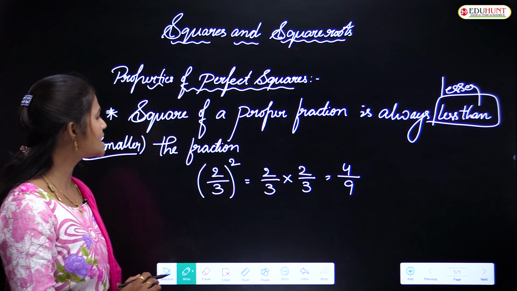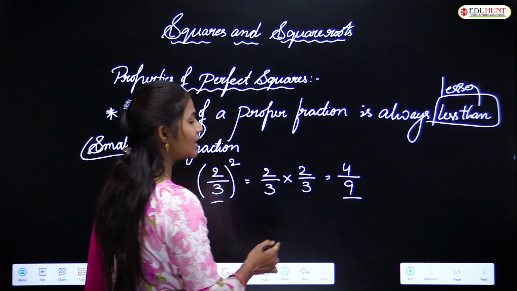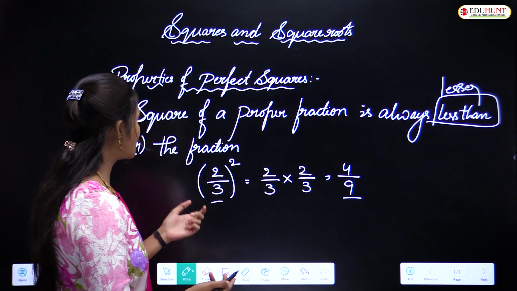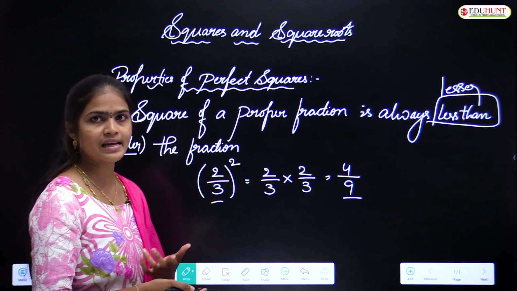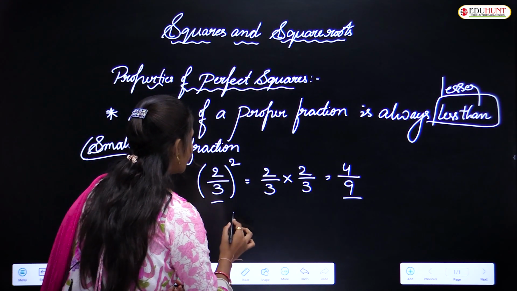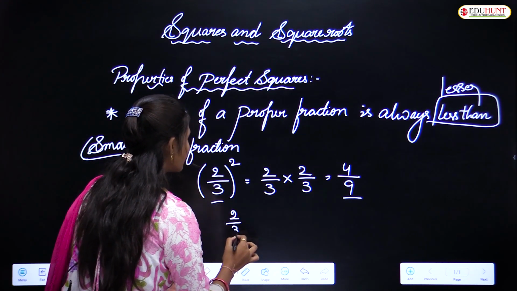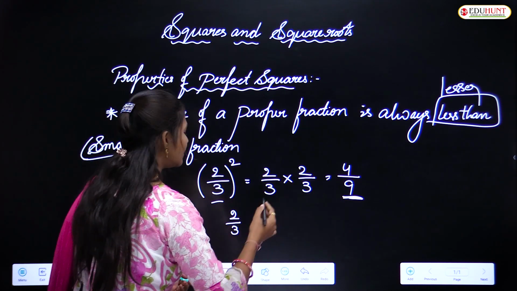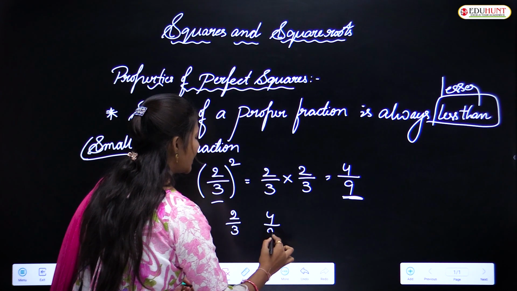Now how can we compare these two numbers? We have two methods for comparison. The first one is by taking equivalent fractions, or another one is cross multiplication. Here the fraction we took is 2 by 3, and the fraction we got after squaring is 4 by 9.